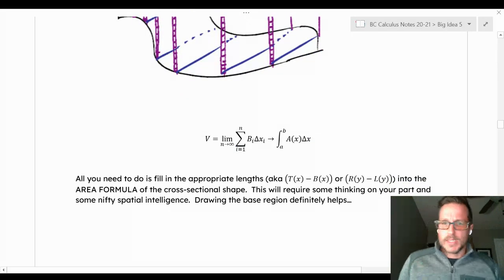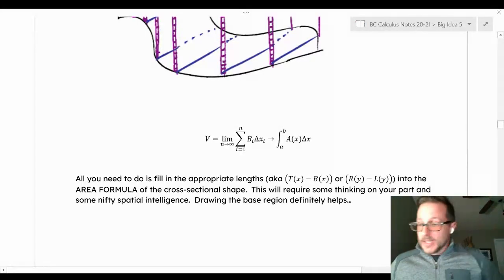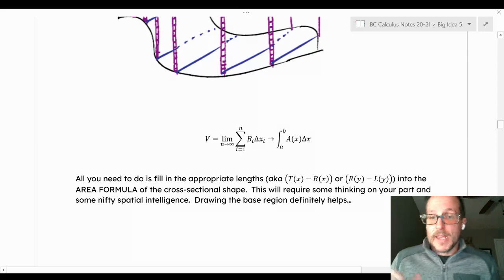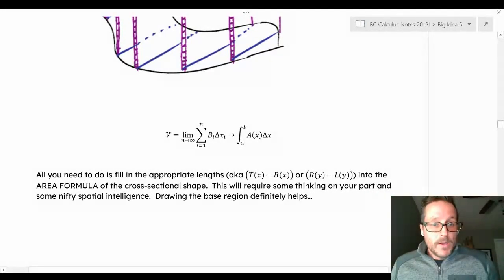So here is the idea. We're going to add up the area of the base times the delta x, and that's going to turn into the definite integral. So the definite integral from a to b of this area formula times delta x, should be dx there.